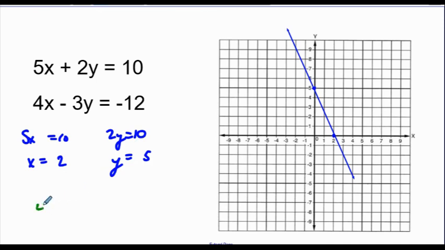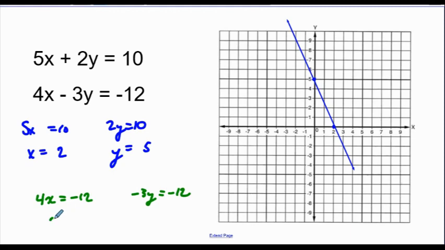Okay, now I'll do the other one. 4x equals negative 12, negative 3y equals negative 12, and so I end up with x is negative 3 and y is a positive 4. So x negative 3, y positive 4.